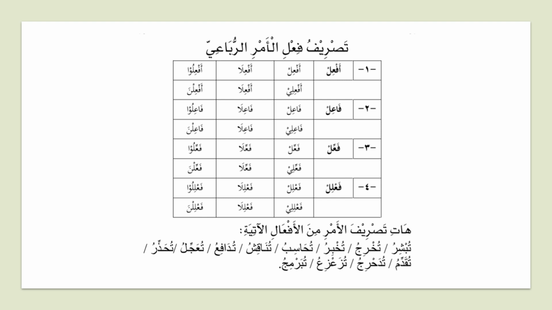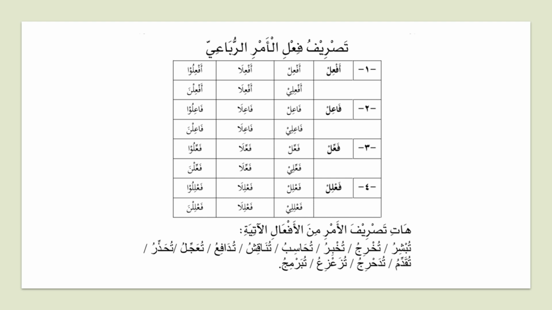Why is there no hamza? Because it doesn't have the sukun on that letter. Hasib, hasiba, hasibu, hasibi, hasiba, hasibna. Number 3, we have fa'il.